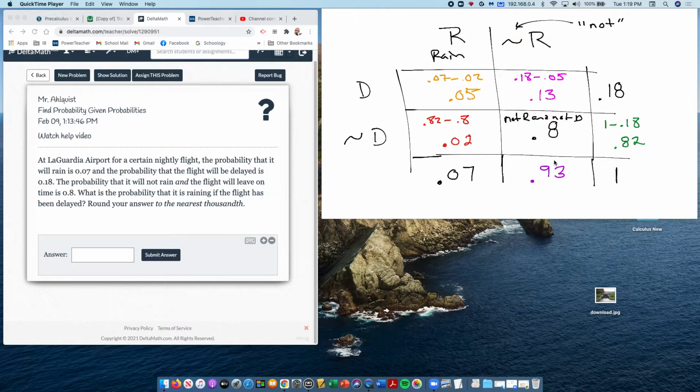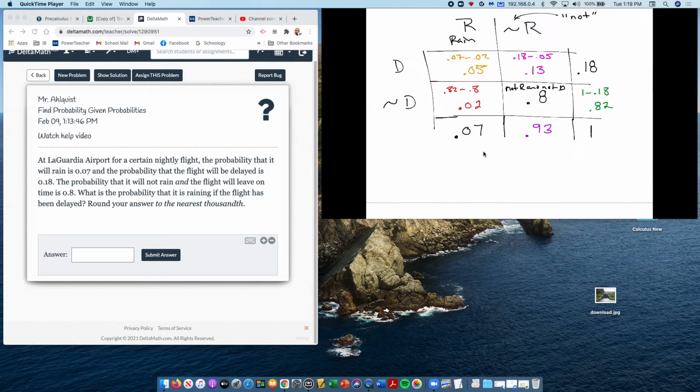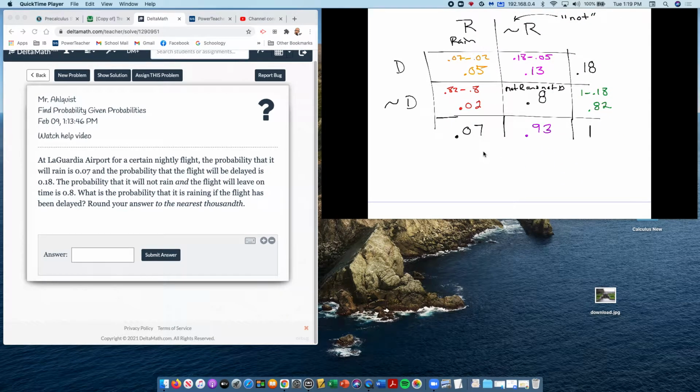So the question we're asked on this is, what is the probability that it is raining if the flight has been delayed? Probability it's raining given that the flight is delayed.